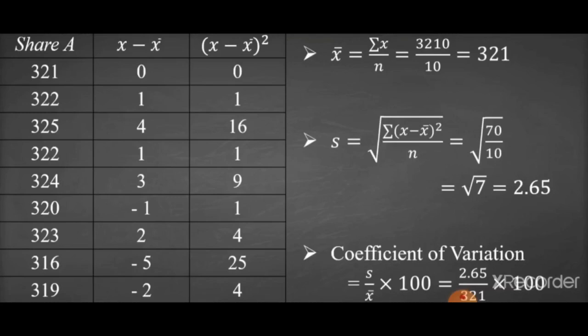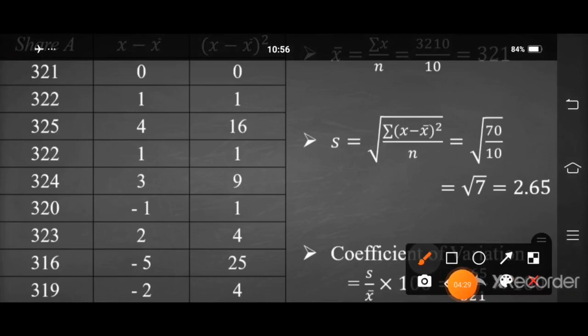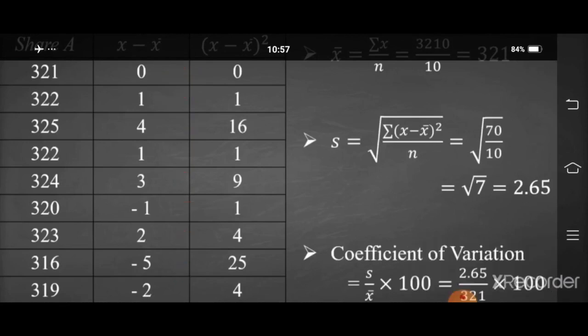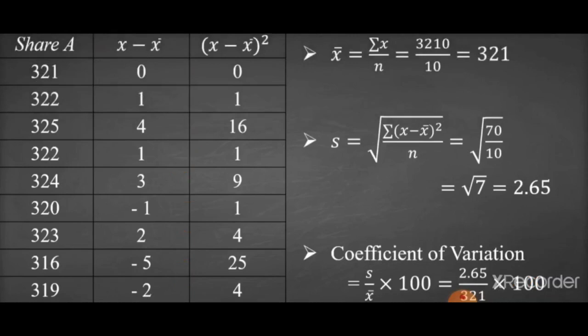Now the second column. x minus x bar means 321 minus 321 is 0, 322 minus 321 is 1, 325 minus 321 is 4, and so on. Now find the square of x minus x bar.